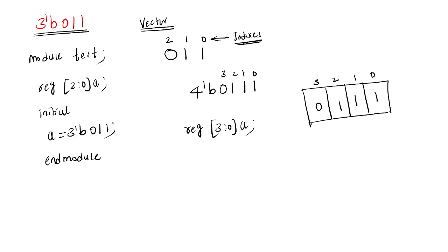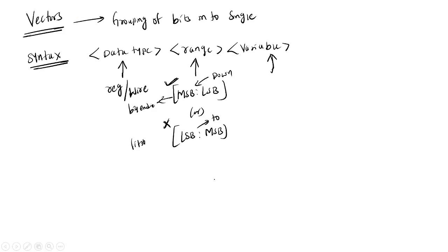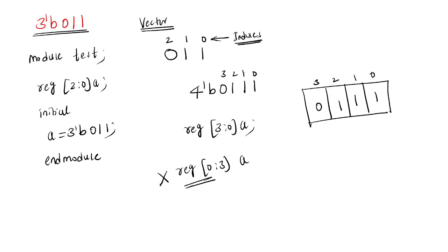Suppose you consider reg [0:3] a. Mostly we will not use this representation. Previously I told you, we are not using LSB to MSB; mainly we are using MSB down to LSB.